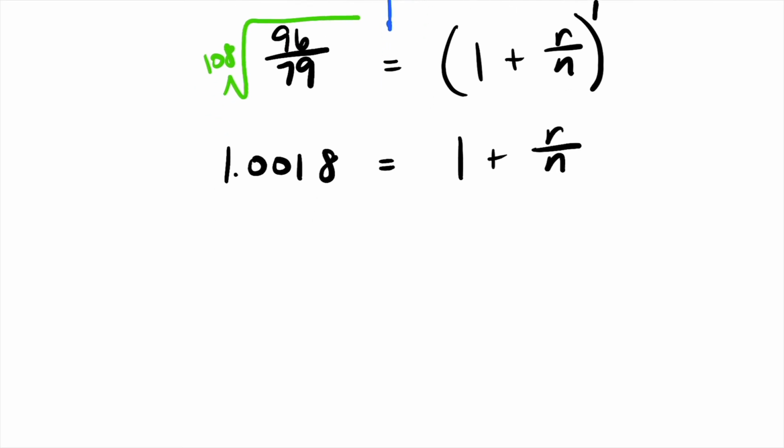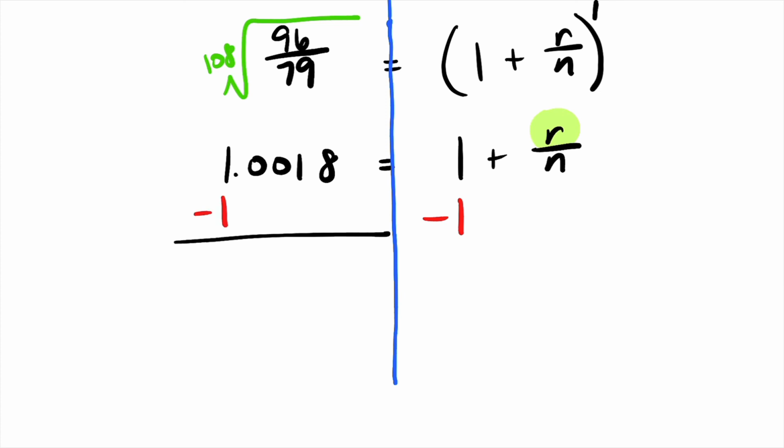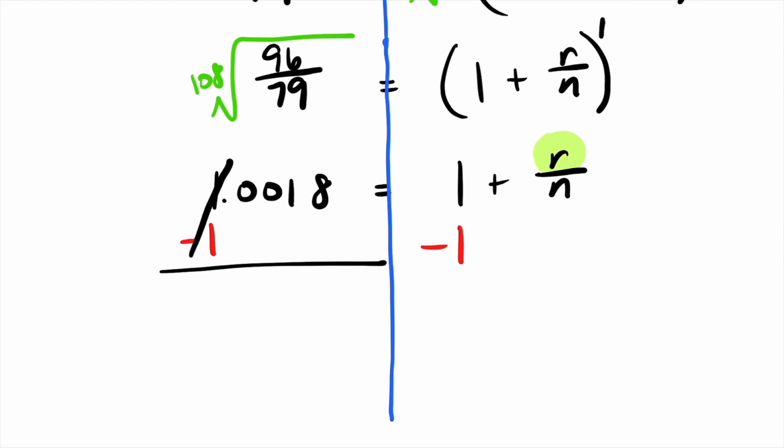So now what could I do to solve for R? Let me keep extending my line here. Subtract 1 from both sides. Good. Subtract 1 whole. So I'm not going to subtract it from the 8 or the 1 in the back. I'm going to subtract it from the 1 in the front.